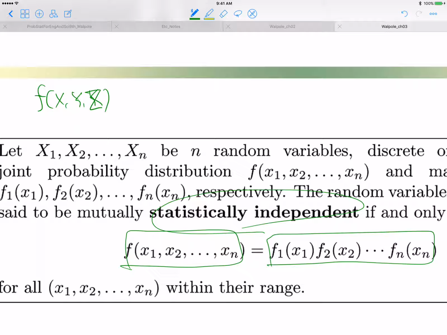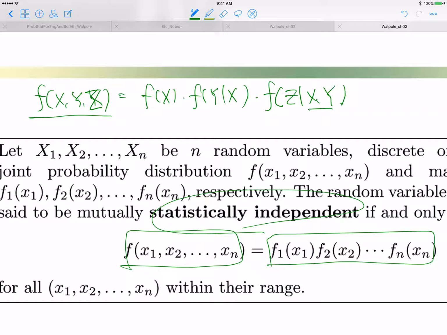Let's consider the joint probability distribution of x, y, and z. When fixing the order as x, y, and z, this joint probability can be written as f of x, f of y given x, and f of z given x comma y.